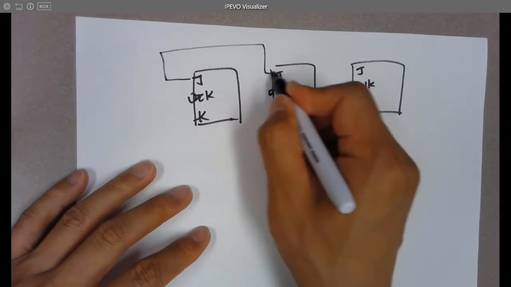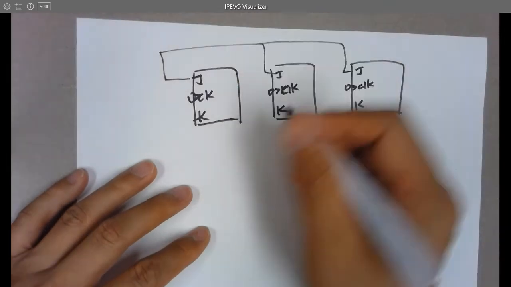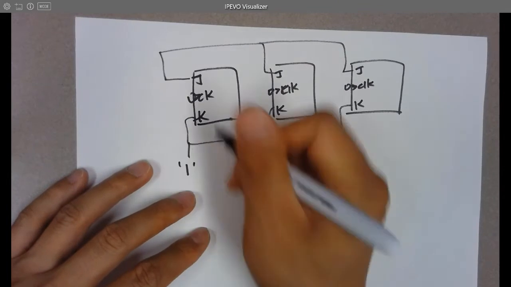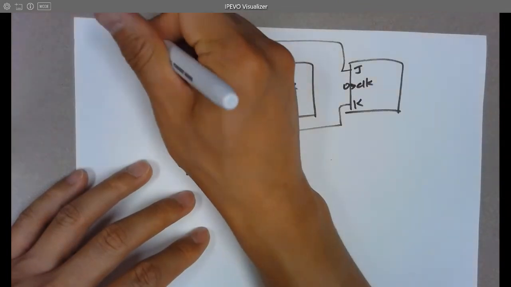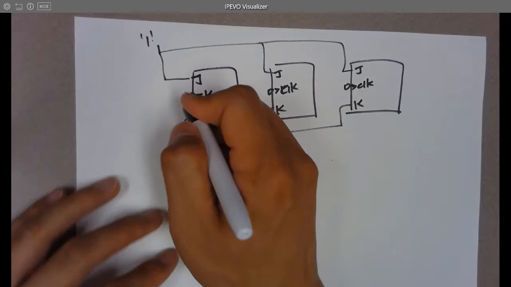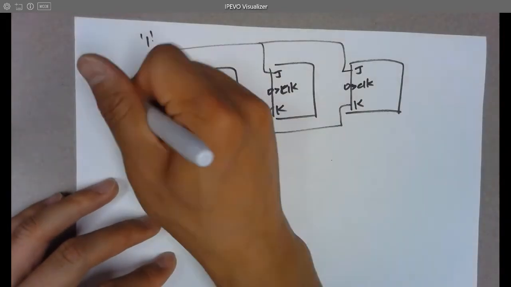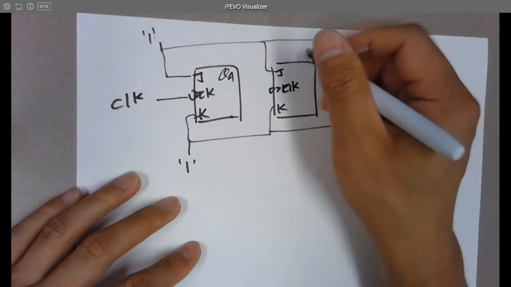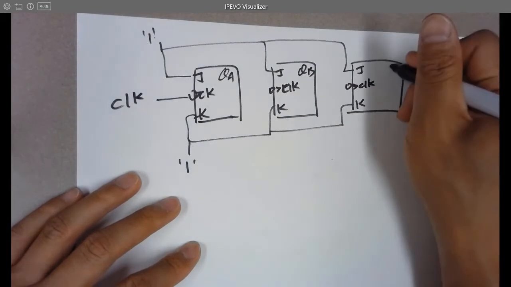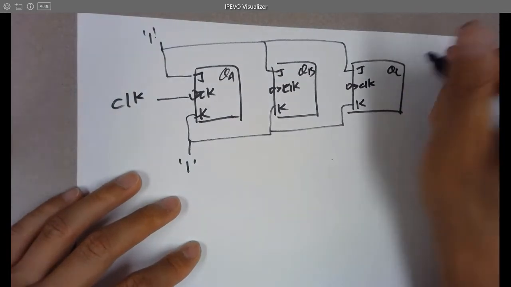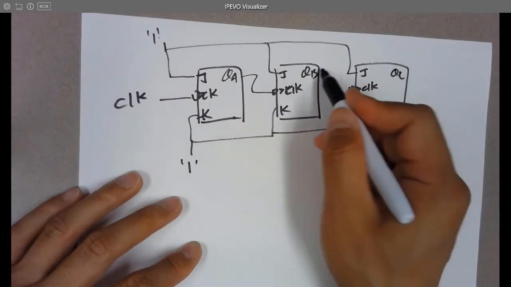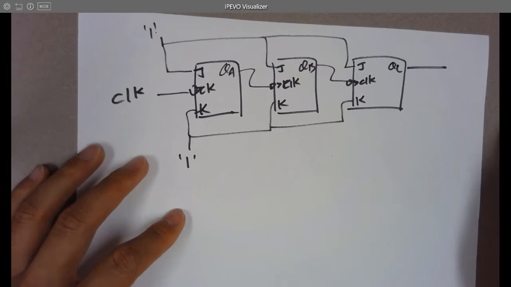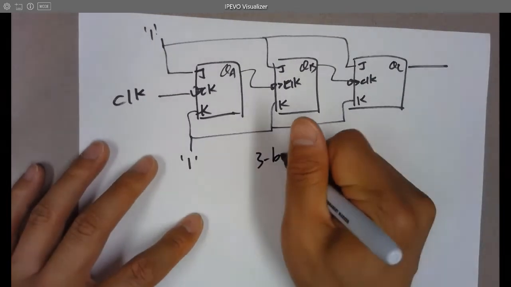What you need to do is just connect everything to 0, to 1, to make it a T flip-flop. And then you just use the first one as a clock, which is the real clock, and all the rest of them are being triggered by the result from the previous stage. All right, so that's a 3-bit counter.